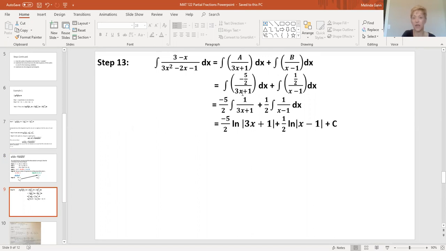What's the derivative of that denominator? 3. Well, what's the easiest way to get a 3 here? Well, first of all, I'd probably pull the -5 halves out, so I don't have to worry about it. And the same thing here, I'd pull the 1/2 out. What do you multiply 1 by to get 3? Well, 3.